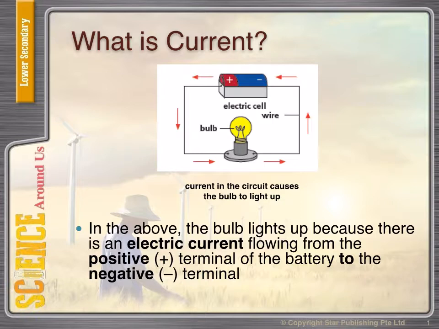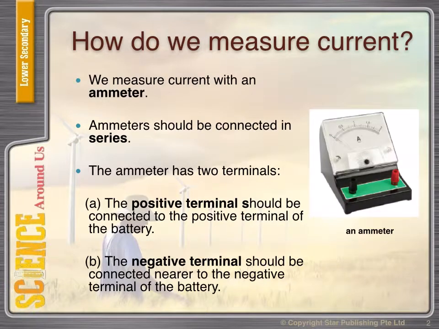Okay, let us now move on to the next concept. Is there an instrument that we use in science to measure the amount of current? Because current is the amount of charges that move in a certain duration. Look at the diagram, which has a red and black terminal. The red is the positive terminal.